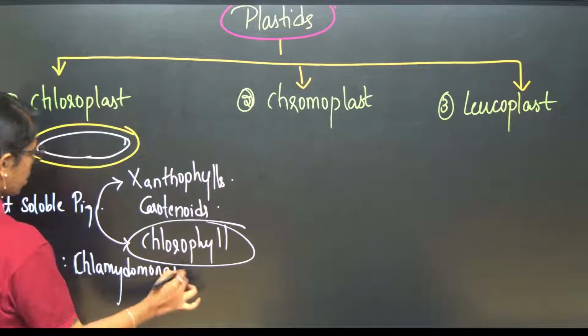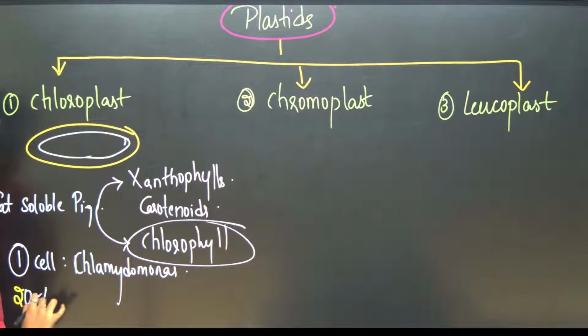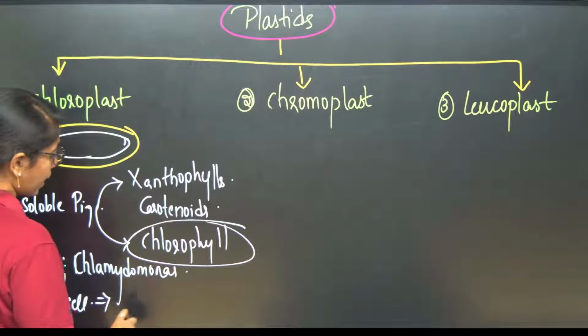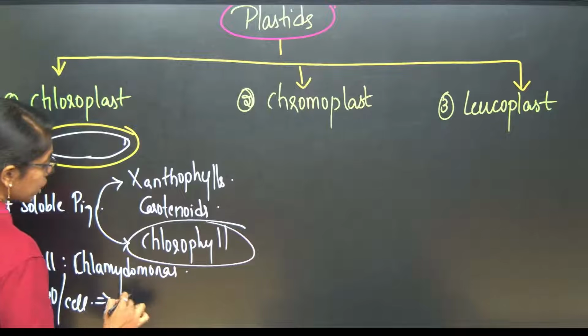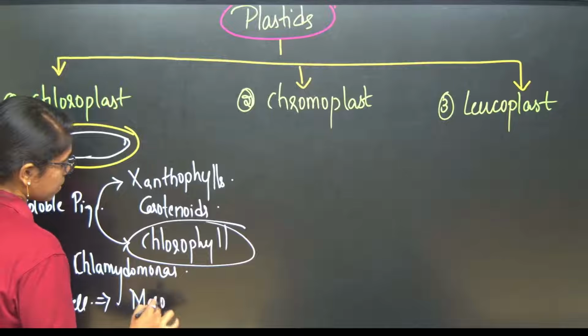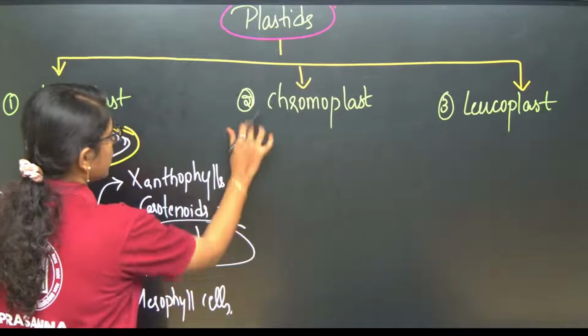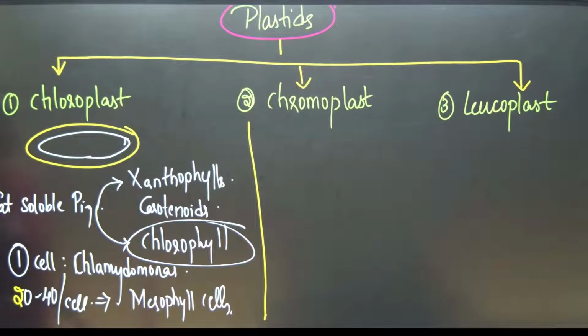You can observe 20 to 40 per cell in advanced or higher plants like what? Mesophyll cells. Clear, right? This is all about chloroplast.